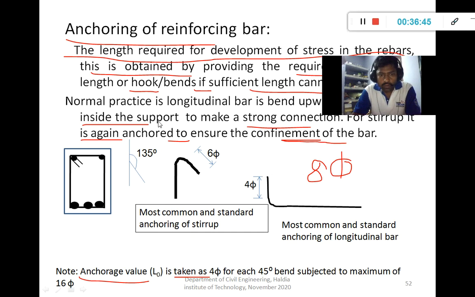If the bend is 180 degrees, such as when hooks are made like this, then the anchorage value is 16 phi. That's why the code says a maximum of 16 phi, because for a 180 degree bend, each 45 degree bend is 4 phi, so 4 into 4.